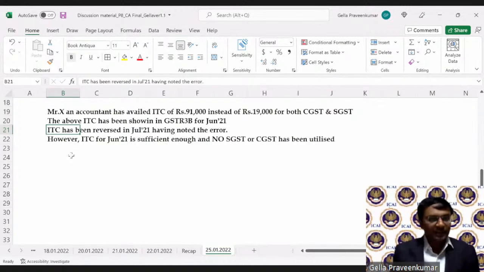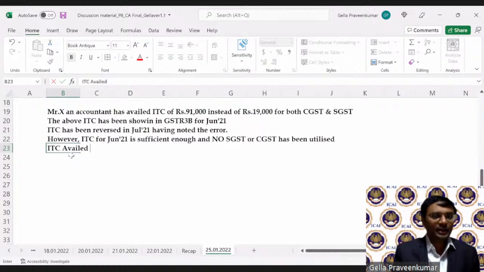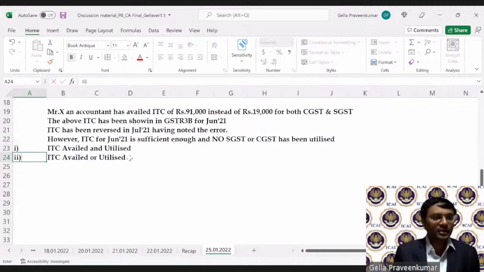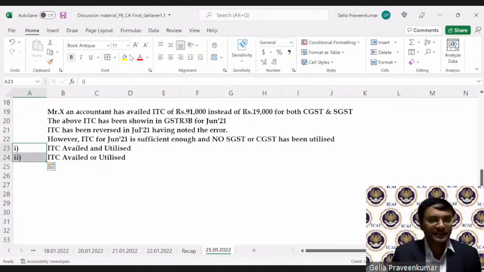Now, look at this point. ITC availed and utilized. ITC availed or utilized. Statement number 1: ITC availed or utilized. Statement number 2: ITC availed and utilized. I ask a question to you.